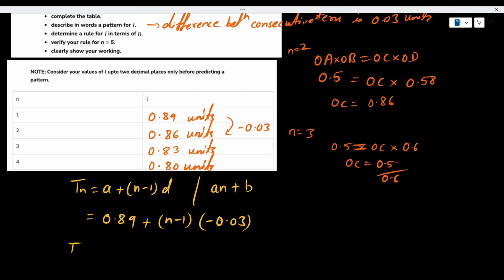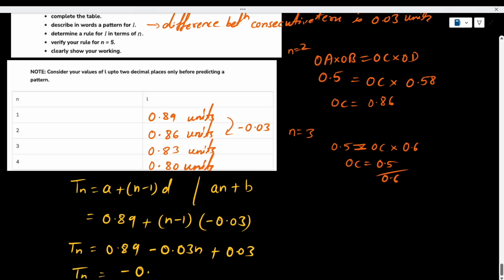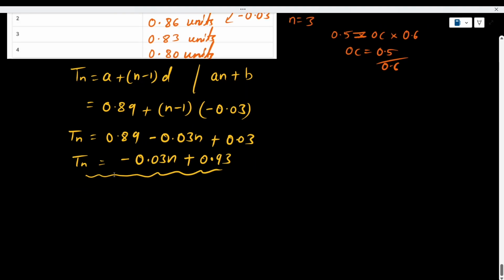Remember that, okay? Because if you change the sign, your answer will be wrong. So minus 0.03 n plus 0.03, so your nth term is minus 0.03 n and then plus 0.92. This is your rule.